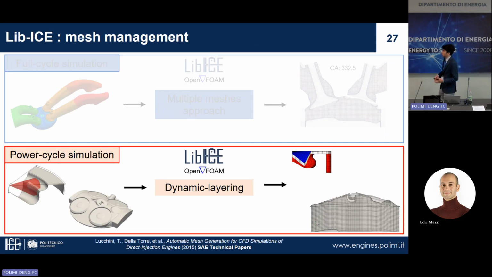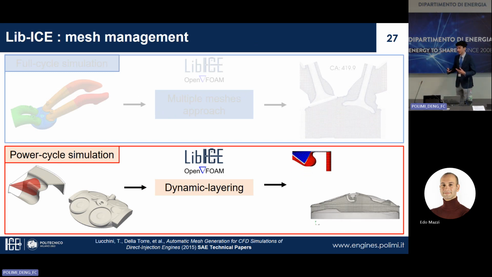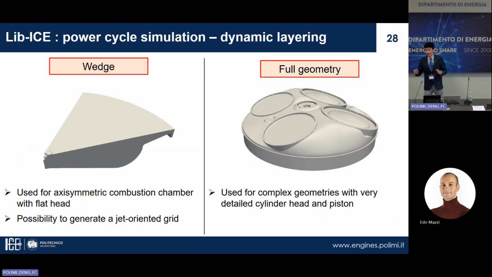The second approach we use inside the device is the dynamic layering. We use it for closed valve simulation, so when we need to perform basically only combustion simulation. It is divided into two different approaches: one for the wedge, like the one we saw in Gabriela's presentation for CMP, and one for full geometry.